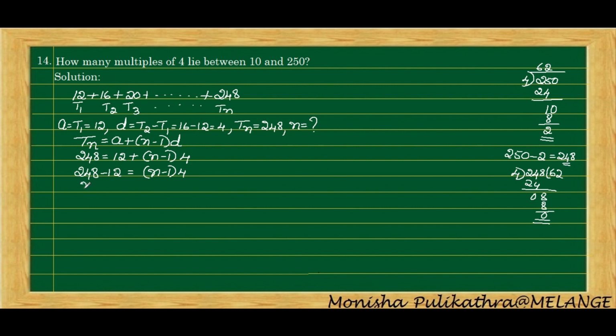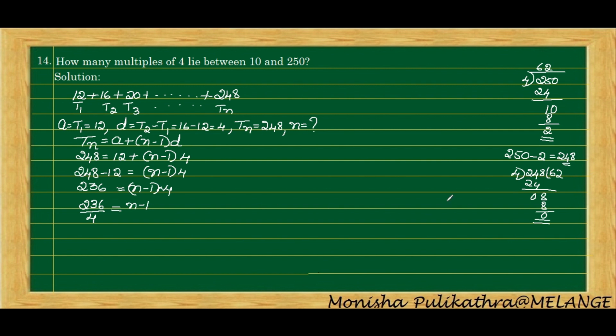So 248 minus 12 is 236, which is equal to n minus 1 into 4. Next, this is multiplication. When we shift this number to the left hand side, it will become division. So 236 divided by 4 is equal to n minus 1.